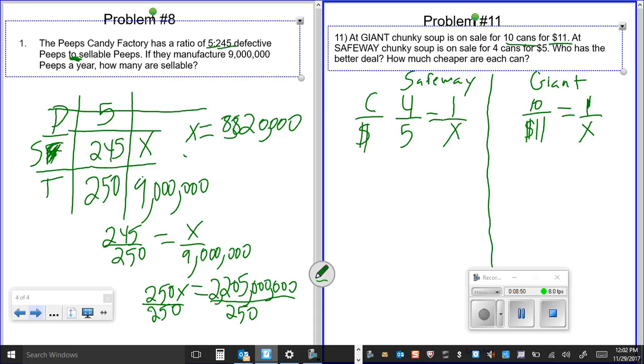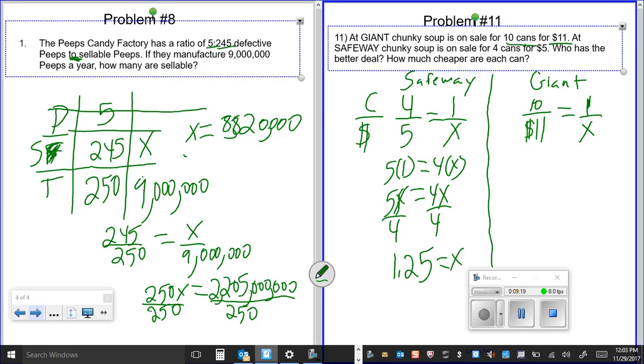X. So we'll do Safeway first. 5 times 1 is 5, and then 4 times X is 4X. Then we simply divide by 4 on each side. 5 divided by 4 is 1.25. So what does that mean? If X is equal to money, that means it's going to be $1.25 per can.